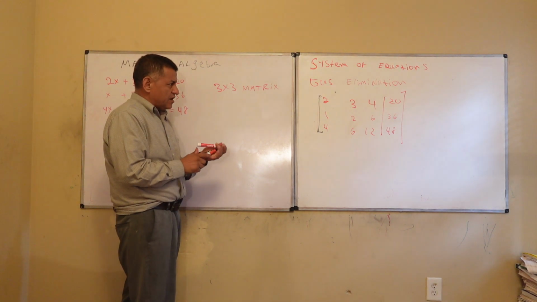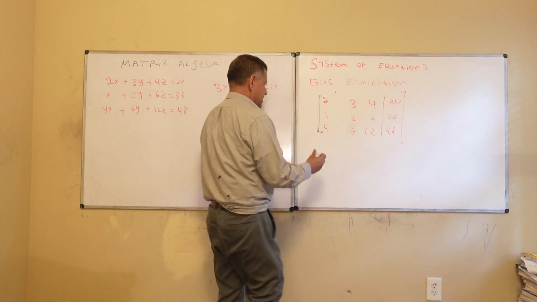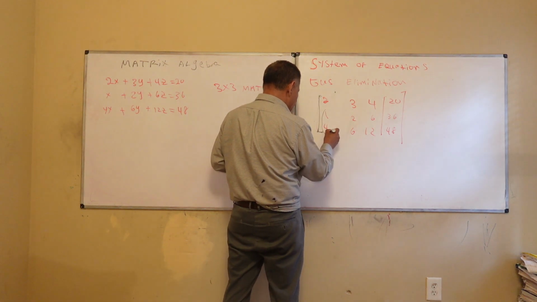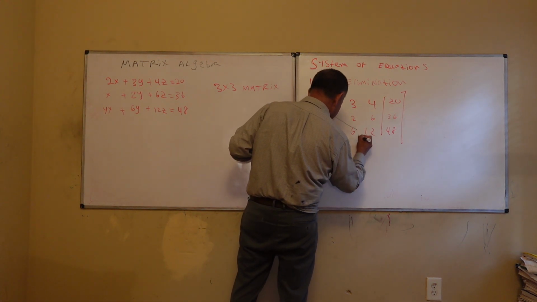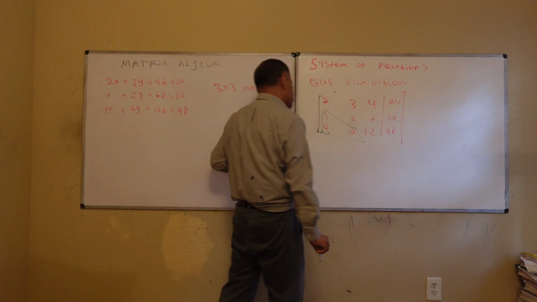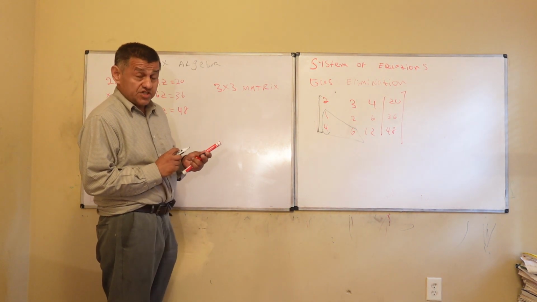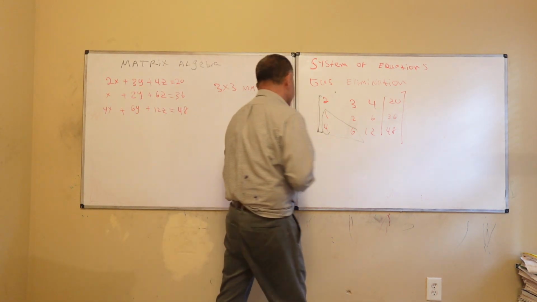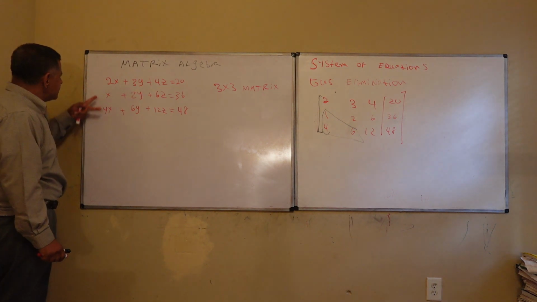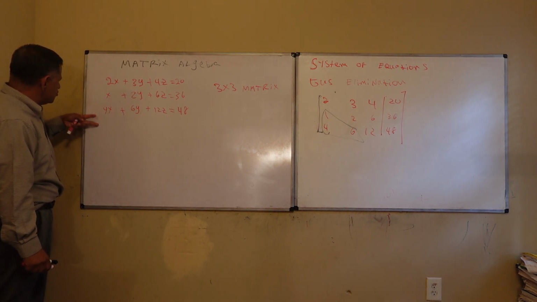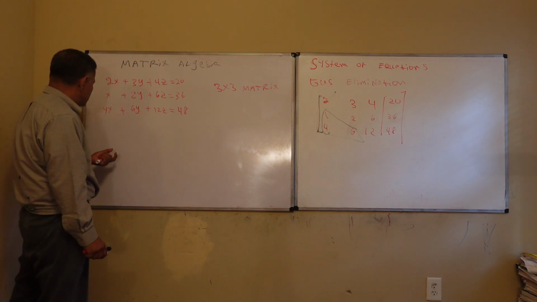Third equation, we have 4, we have 6, we have 12, and we have 48. The idea right here is to turn these guys into zeros. If I turn these guys into zeros, as you can see, I have a little triangle right there. That is my first goal. I need to make those zeros. Okay, so let's get started. Step 1, we want to eliminate these guys somehow.